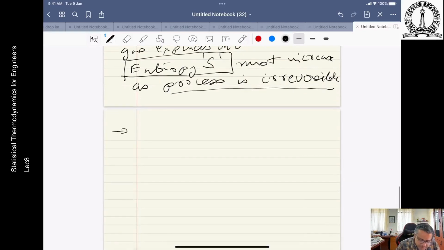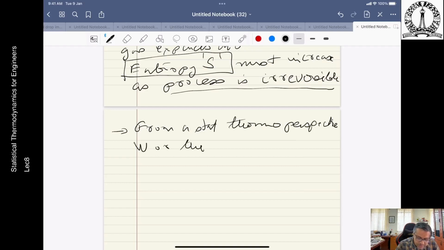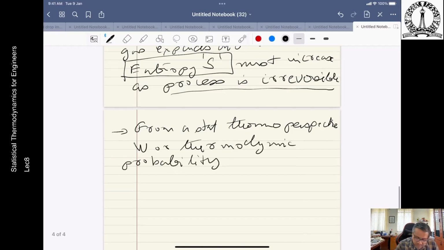Now from a thermo perspective, W, or the thermodynamic probability, must also increase due to process irreversibility.